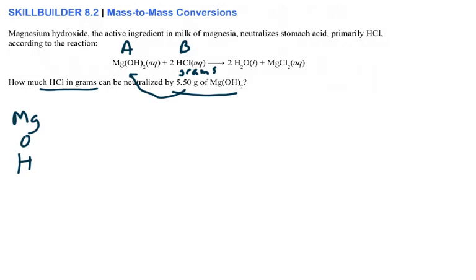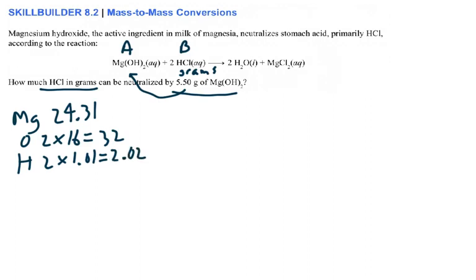Magnesium is 24.30 or 24.31, depending on what periodic table you use. There's only one magnesium here, so we'll leave it at 24.31. Now there's two oxygens. Each oxygen is 16. There are two hydrogens. Each hydrogen is 1.01, so that's 2.02. When we add this up, molar mass is 58.33 grams per mole.